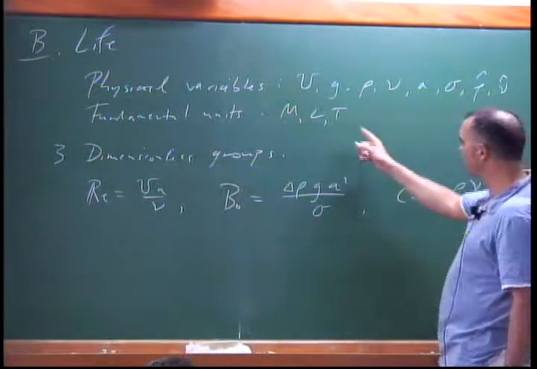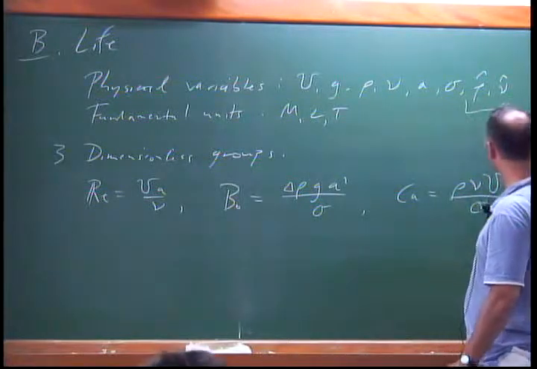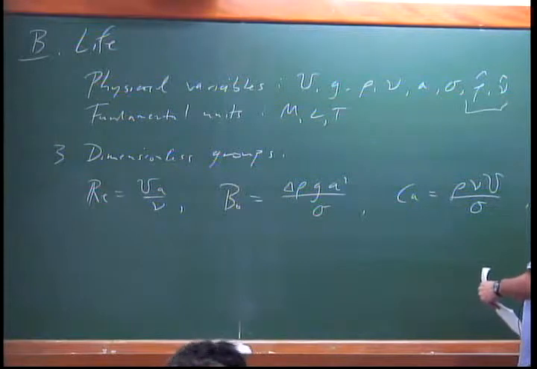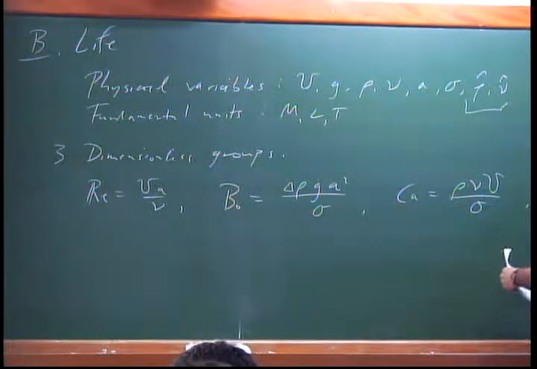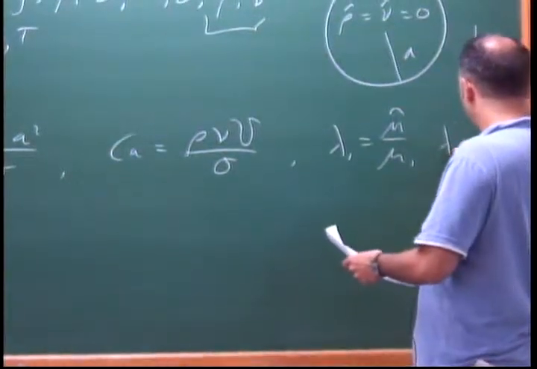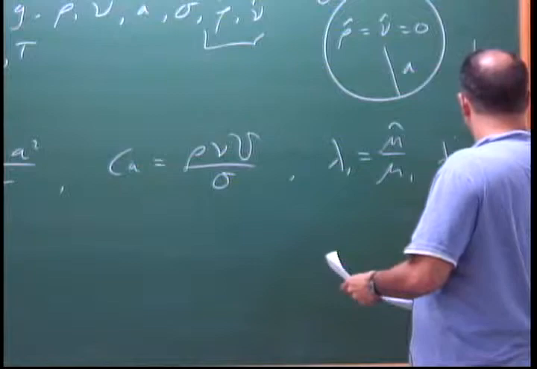And then if you want to take these into account, you're going to have other parameters, right? Lambda 1 equals mu hat over mu, where mu is again rho times nu, and we can have lambda 2 equals rho hat over rho.